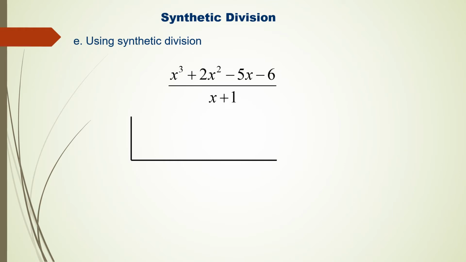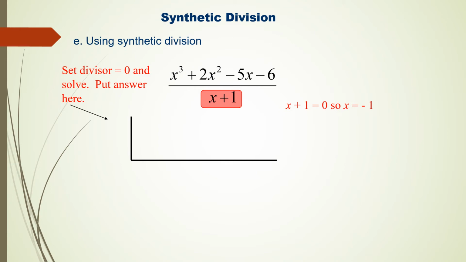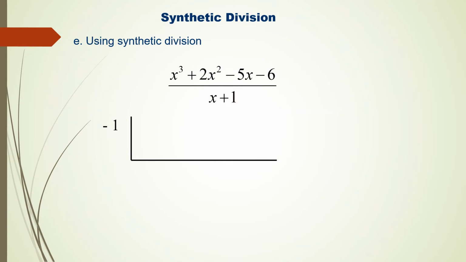So let us try x plus 1. If x plus 1 equals 0, x is equal to negative 1. So the first divisor is equal to negative 1. Bring down the coefficients in a row. So we have 1, 2, negative 5, negative 6.